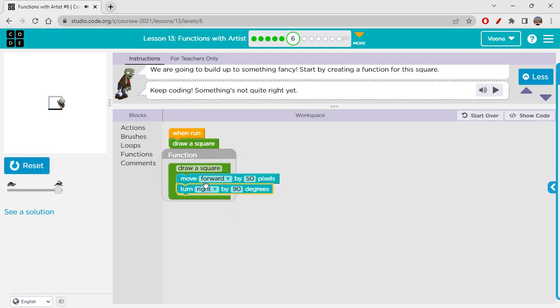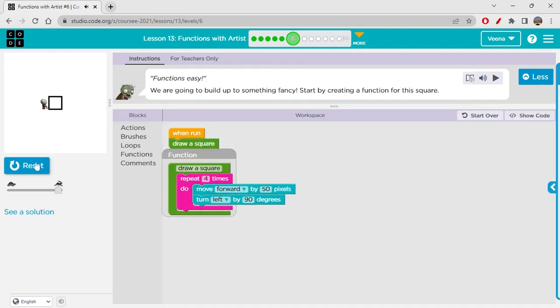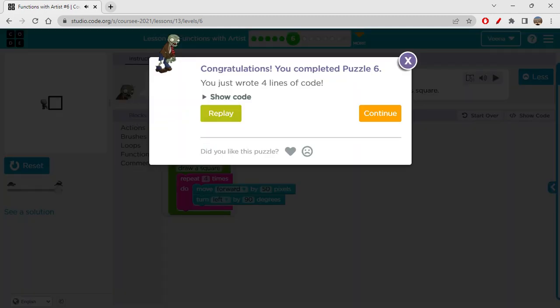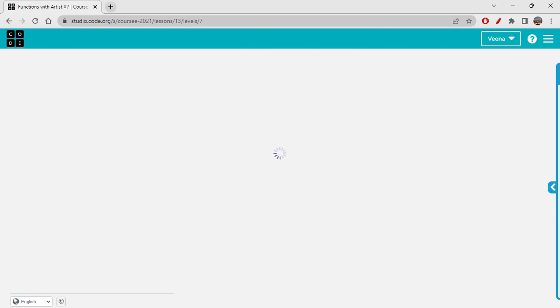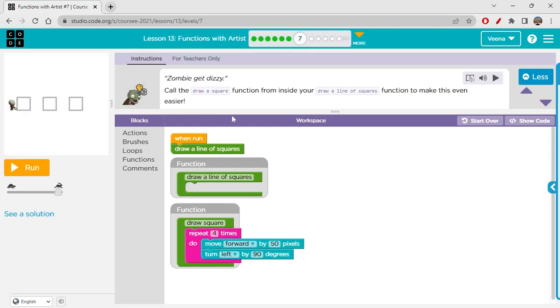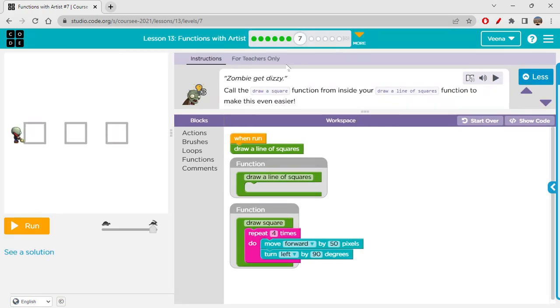Oh, wait, turn left by 90. What am I doing? We have to repeat, no? Okay, cool.